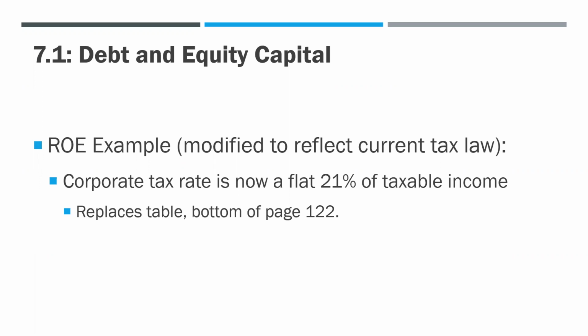The book shows on the bottom of page 122 the business tax rate being a progressive tax rate with 4 different percentages based off of how much the net profit in the business is. Currently, the corporate tax rate is 21% of all taxable income for everyone. And so that flat 21% versus the 4 different tiered rates is actually going to make this example a little bit easier, in my opinion.